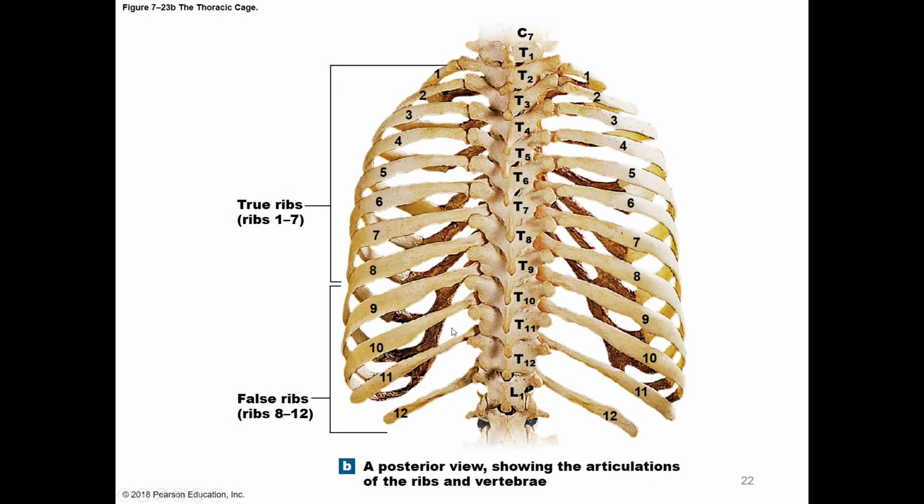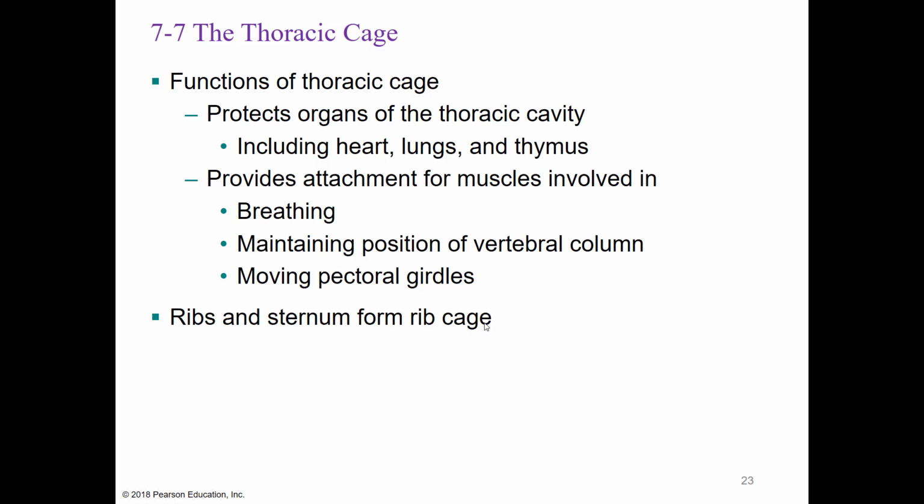And here's the same rib cage from the back, so you're able to see thoracic all the way down and how the ribs originate off of those thoracic vertebrae. So the function of your thoracic cage is to protect your thoracic cavity organs. And so this is going to include thymus, heart, and lungs.